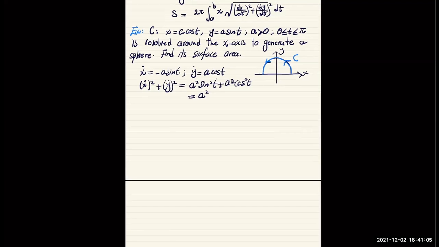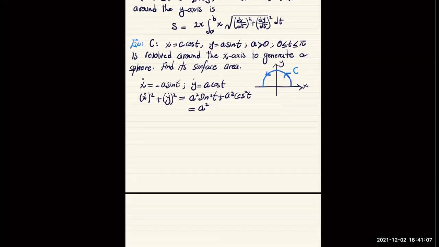Use this information to set up the integral. So the integral again is 2 pi times the integral from a to b of y times, again, the arc length increment, and integration is with respect to t.